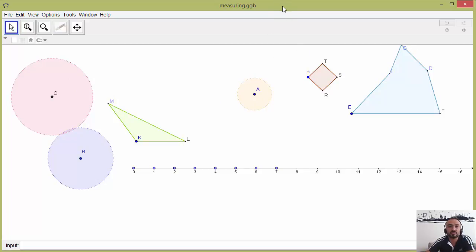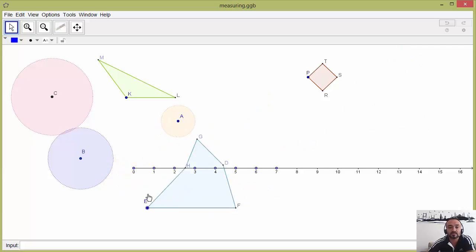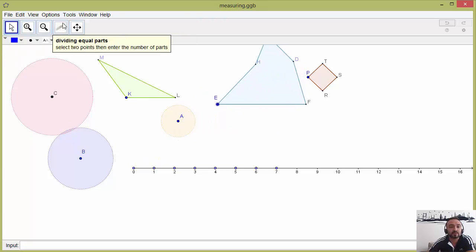You can find this dynamic application on my GeoGebra profile. I will give the link in the video description. Please measure this length and this length by using this custom tool. How can this custom tool be used?